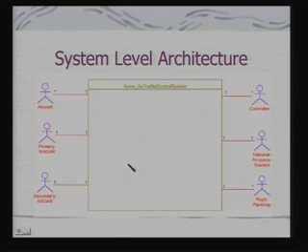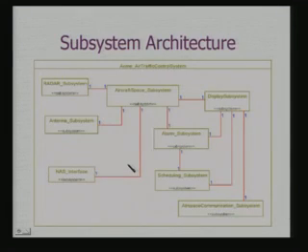Once we start with this top level view of the embedded system, we should go into the details. Using the basic principle of top down refinement, we can go into the details. The details will give us what is called subsystem architecture. Subsystem architecture indicates the different subsystems which actually form the overall system.